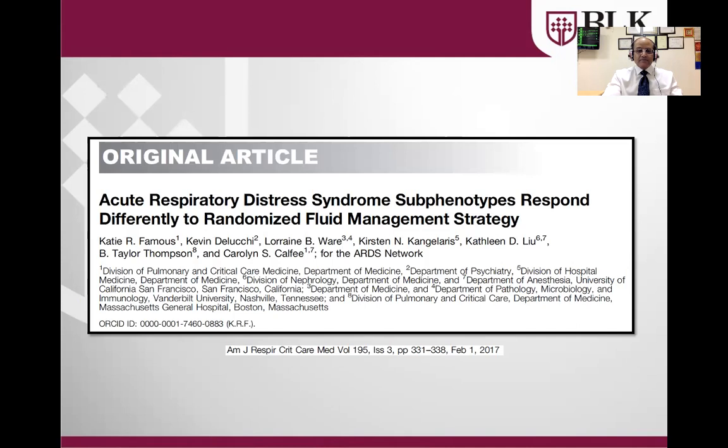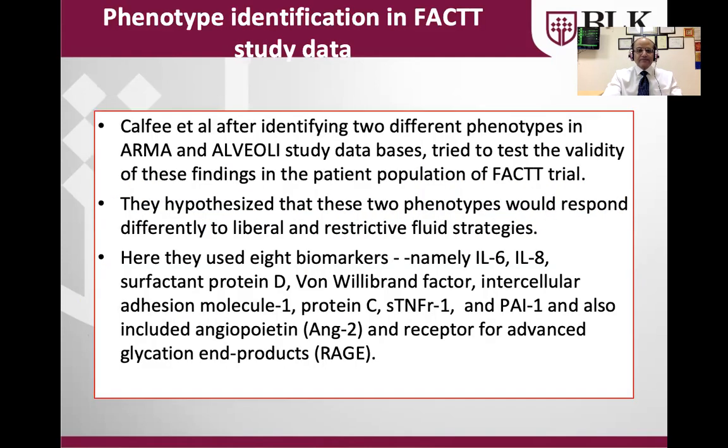Another paper, published in the Blue Journal, looked at response to fluid therapy. From the FACTT trial, Calfee identified these two phenotypes, and the authors of this study hypothesized that they would respond differently to liberal and restrictive fluid strategies.